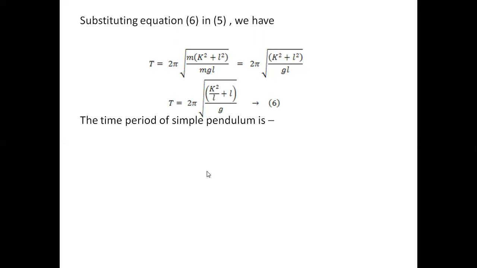If this equation is compared with the time period of a simple pendulum, which is given by T equals 2 pi root of L by g, then comparing the two equations, capital L is equal to k square by L plus L. Now this length is called the equivalent length of the simple pendulum.